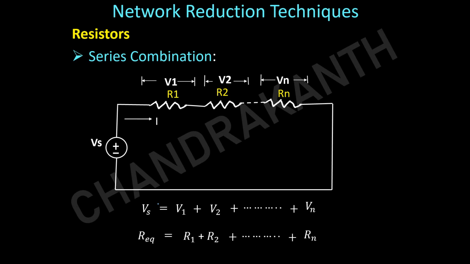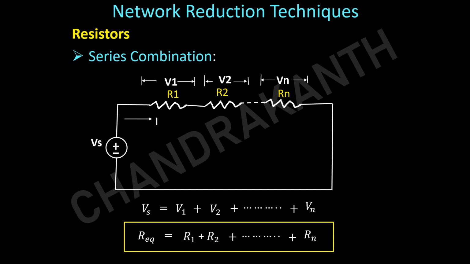If you write this expression using Ohm's law, this becomes I into R equivalent, I into R1, I into R2 and I into Rn. So if the current gets cancelled on both sides, then we finally get R equivalent equal to R1 plus R2 plus and so on up to Rn. So this N can be any number of resistors. It can be 10, it can be 100, it can be 20, anything.